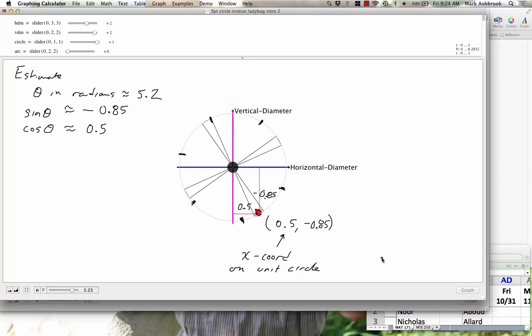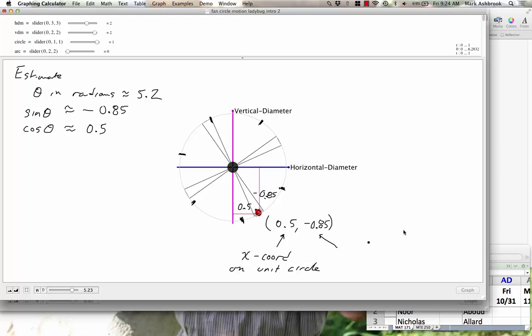But we know the unit circle is not a specific circle. It's every circle, because that 1 means any radius length, 1 radius length. That's what that 1 means.